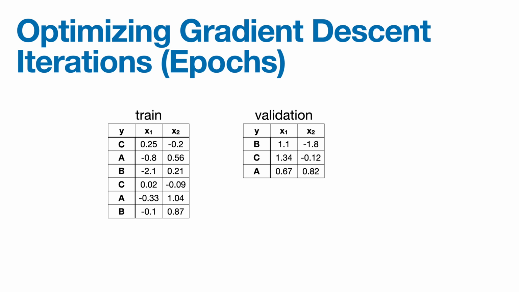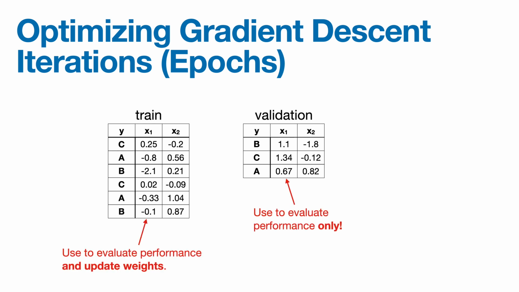Then, as we train our model on the training dataset, we monitor its performance on the validation dataset. At no point during the training procedure should we let our model use the validation dataset to calculate gradients and improve the weights. And that's the point.